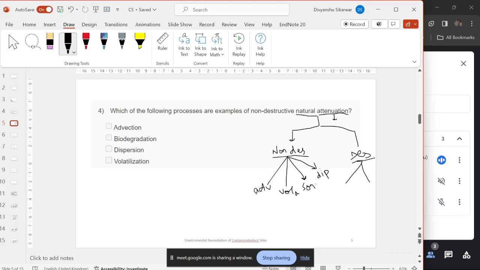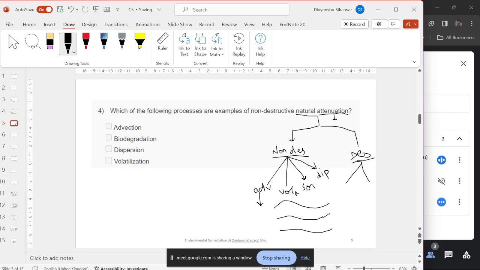Absorption means it is absorbing on the surface. Yeah, absorption or adsorption of the contaminant onto whatever medium, like soil, was present in the surrounding. And advection is some type of transfer taking place in the direction of flow.